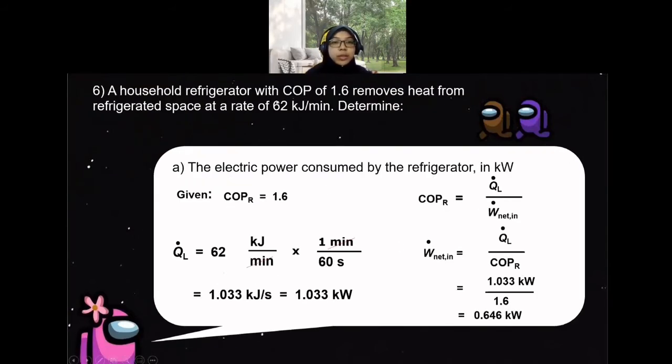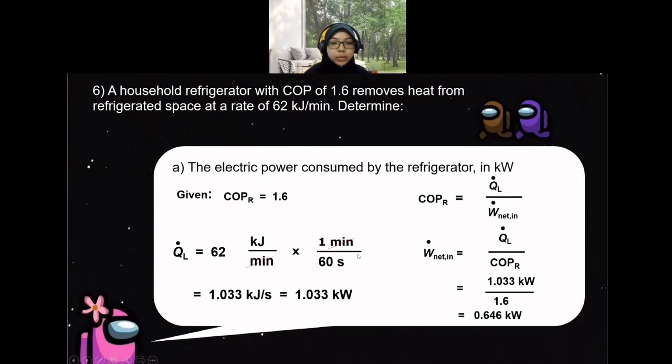The household refrigerator with COP of 1.6 removes heat from the refrigerated space at a rate of 62 kilojoule per minute. First we need to know the value given. 1.6 is the COP value and 62 kilojoule per minute is the Q dot L value. First, to solve question A. Question A is the electrical power consumed by the refrigerator in kilowatt.